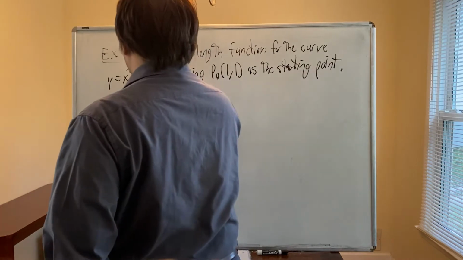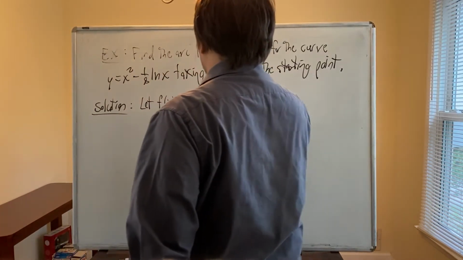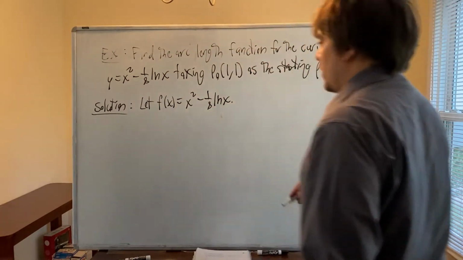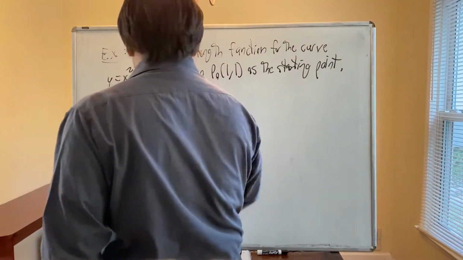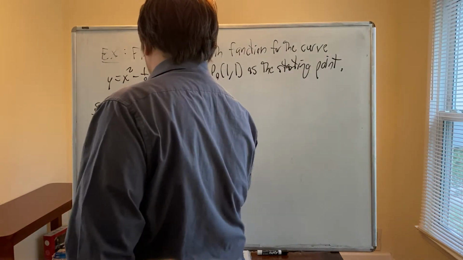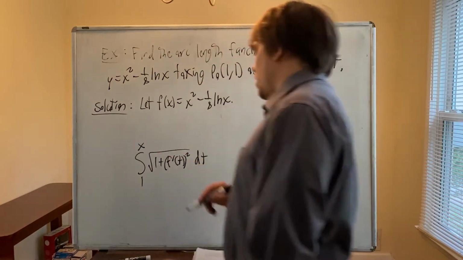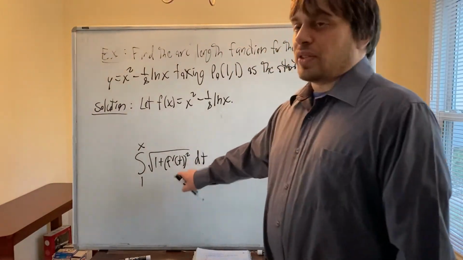So let f of x equal x squared minus 1/8 ln x. Okay, what we want to do is calculate the definite integral from 1 to x of the square root of 1 plus f prime of t squared dt. t is the dummy variable. So to do that, we need the derivative of the function to plug in here.